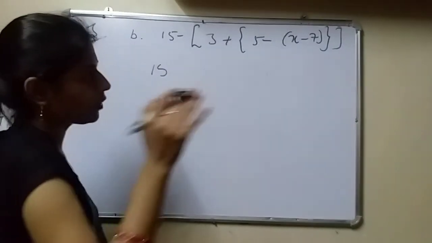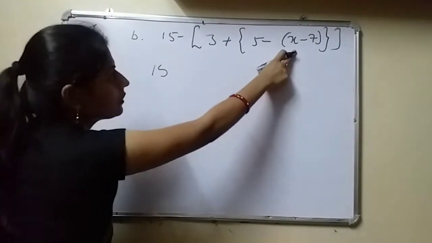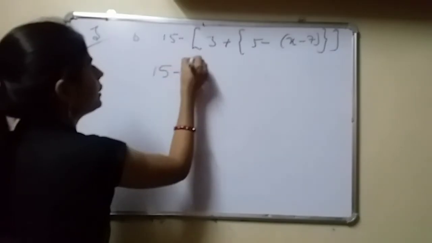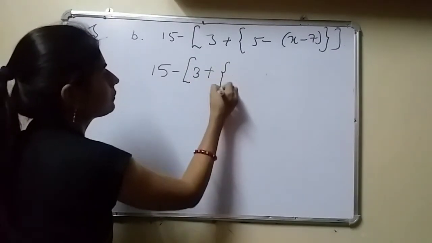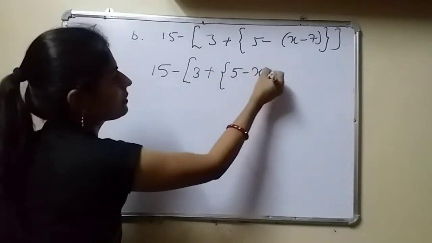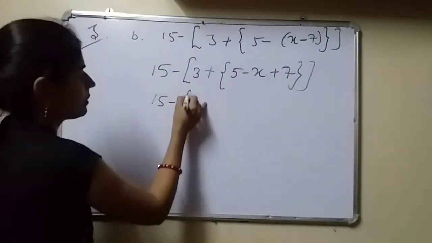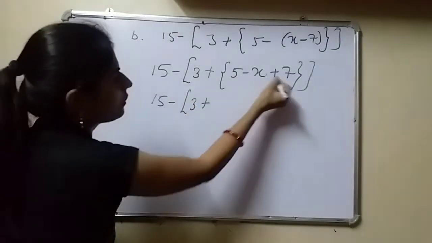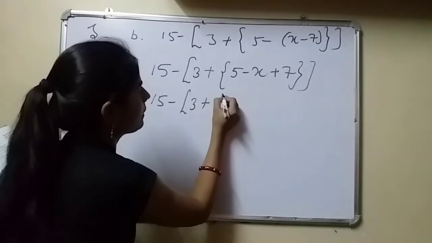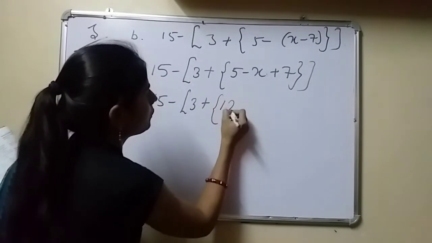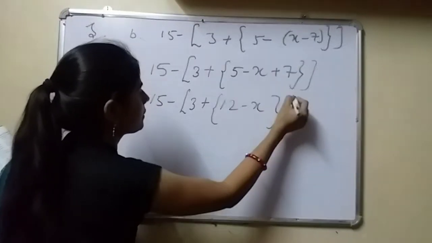First of all, solve the small bracket. Small bracket is given here, so open it: 15 minus 3 plus 5 minus x plus 7. Now 15 minus 3 plus 7 plus 5, it will become 12 minus x.